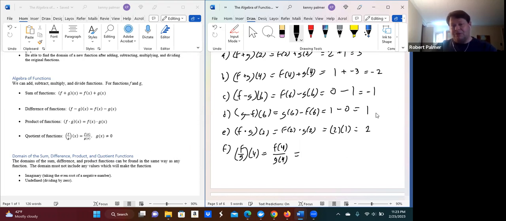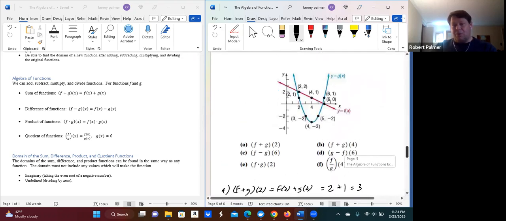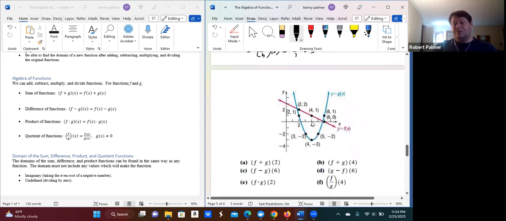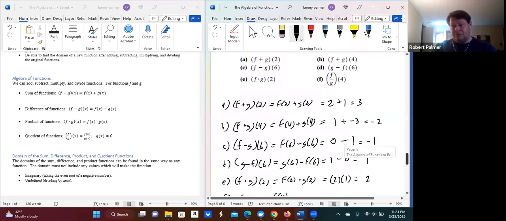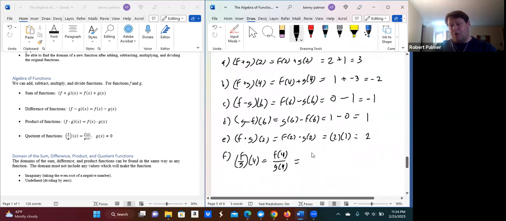So let's find these values. We found these values before, but let's check them again. When x is 4, on the red curve f, f is 1. And when x is 4, g is negative 3. This is 1 divided by negative 3.